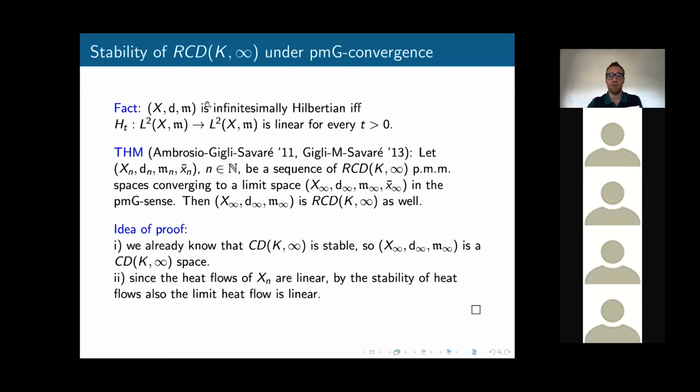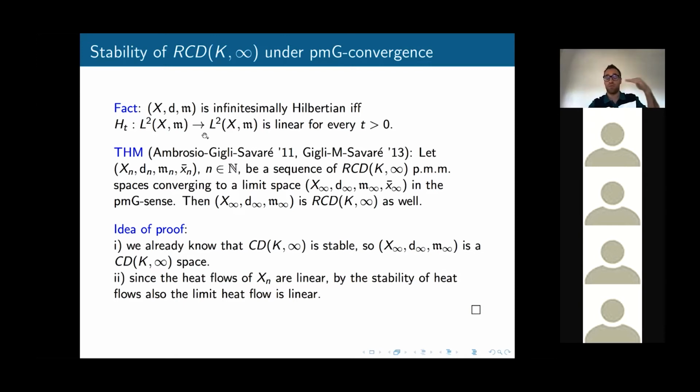But from this fact, we have that X∞ is infinitesimally Hilbertian if and only if the heat flow is linear as a map from L2 to L2 for every positive time. But we know that Xn are infinitesimally Hilbertian, so the heat flow is linear for every n as a map from L2 to L2 for every positive time.